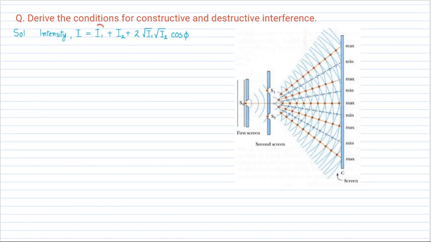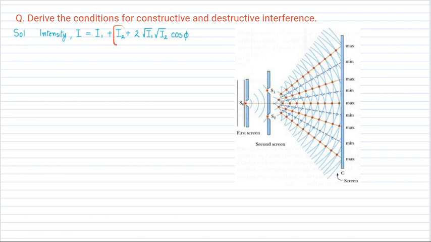Now, look at your first term. Since the light is coming out of it, this is a positive quantity. That means it will always be there. Whether very low or very high, the light will always have some intensity.